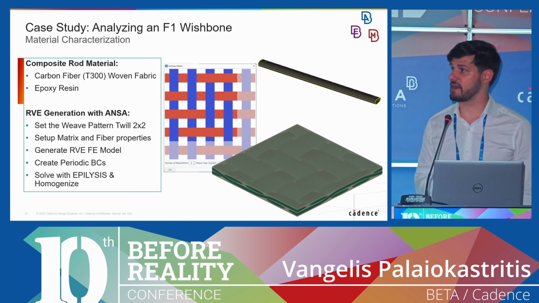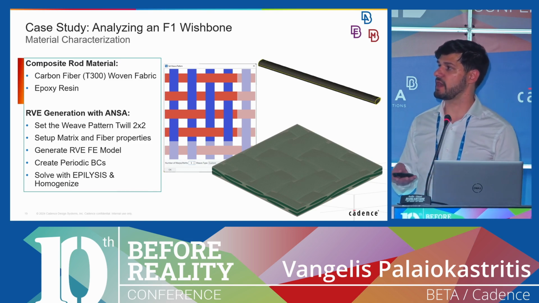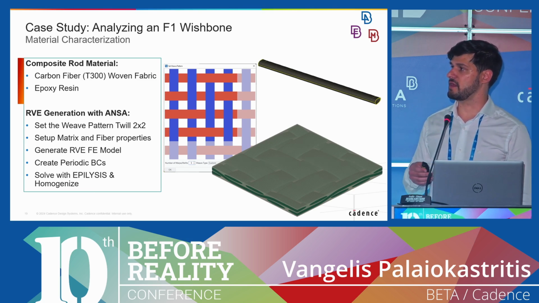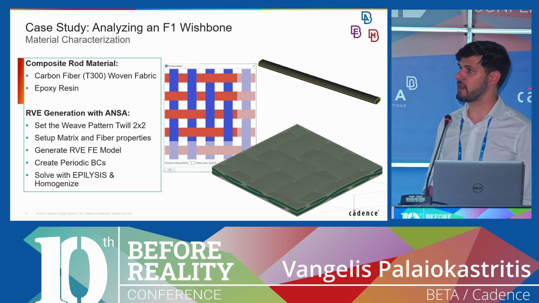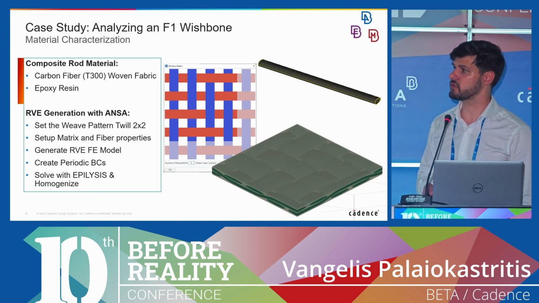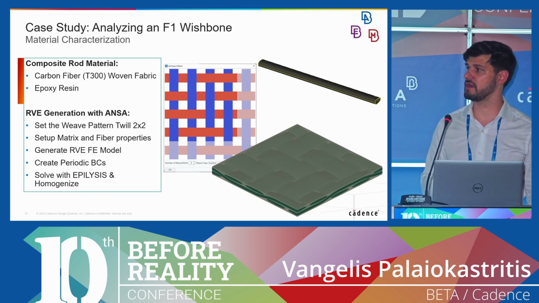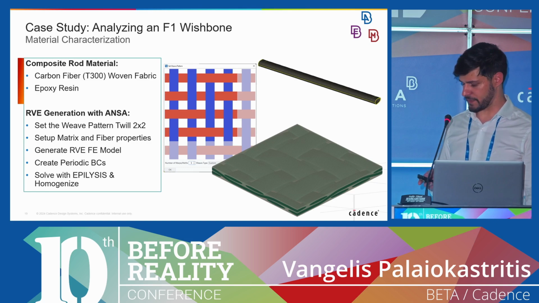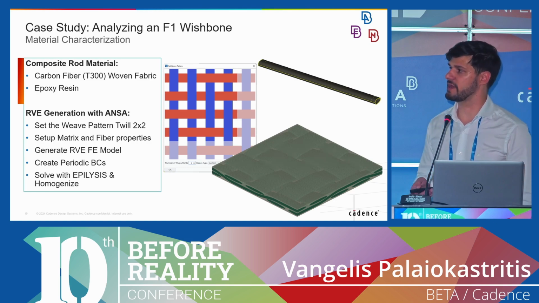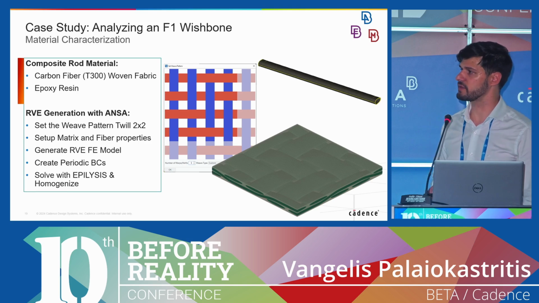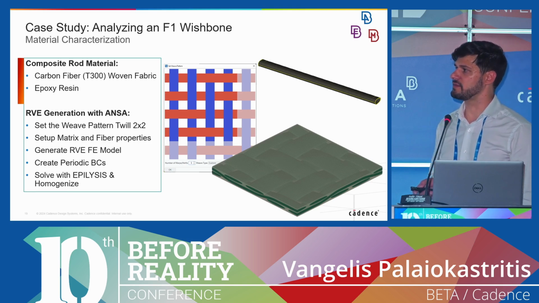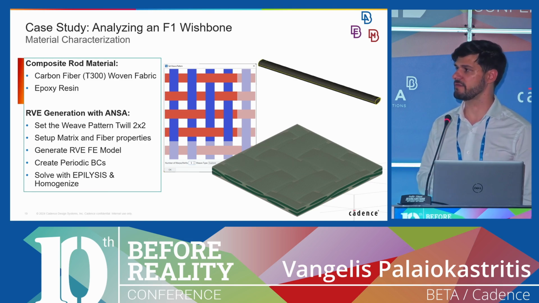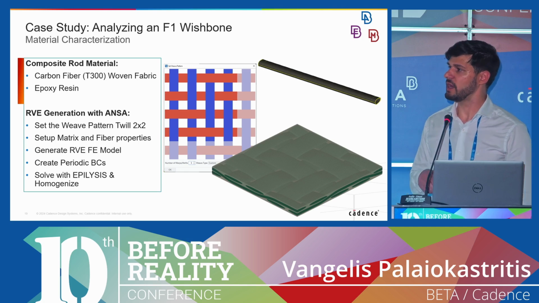So starting with the material characterization. The material that we have is carbon fiber. We will use a woven fabric structure, and the matrix is an epoxy resin. So through the RV generator tool, we create a woven type microstructure, and through this interface we select the weave pattern, the custom weave pattern that we want.